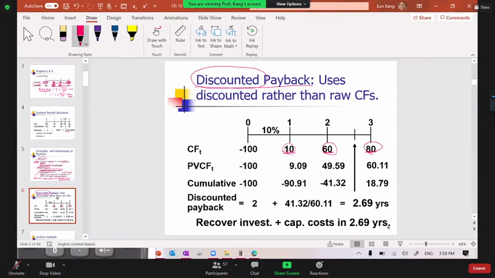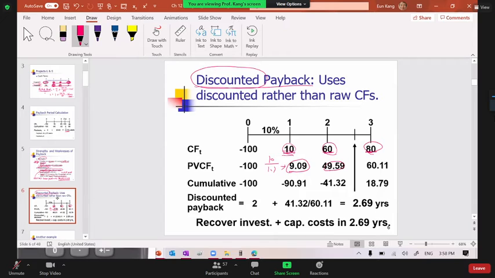For example, rather than 10, you get 9.09. How did you get 9.09? It is a 10% discount from 10. Check. It's just simply 10 divided by 1.1.